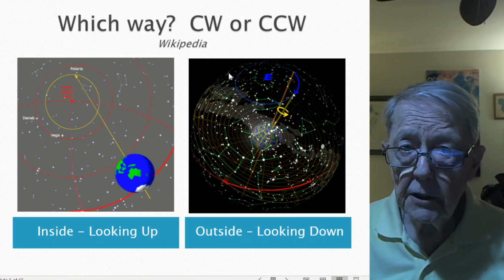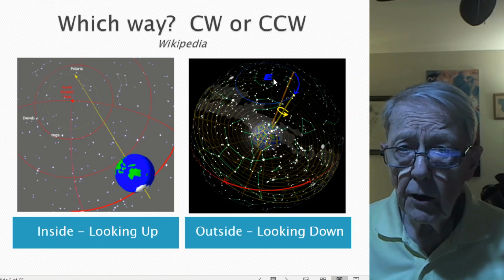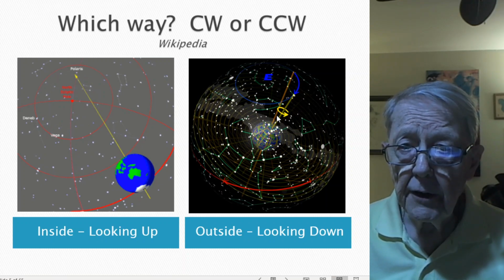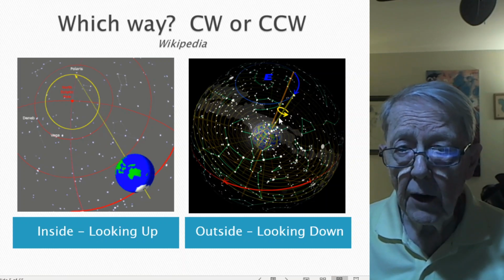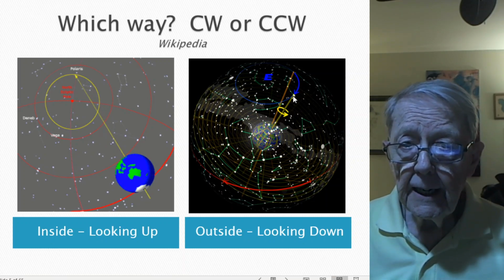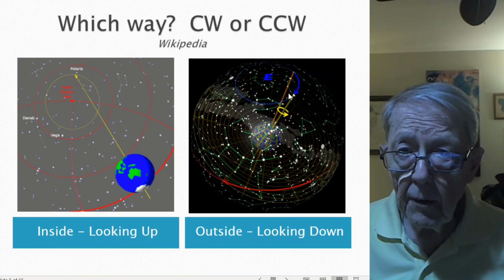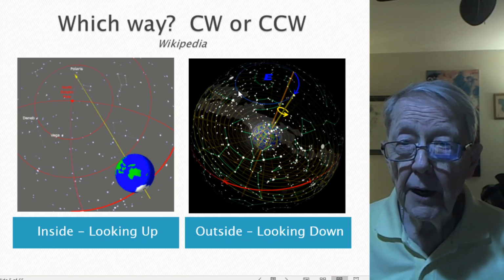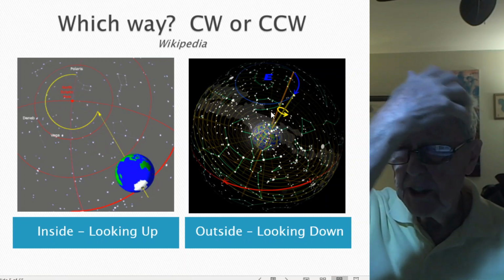And this is clearly looking from the outside. We're looking down on this, and the person who drew this shows it going counterclockwise. And we expect it to precess counterclockwise, but it's going clockwise. Boy, that gets confusing.